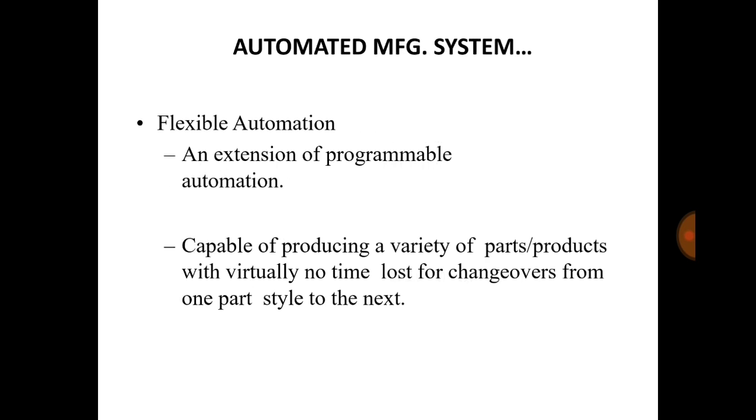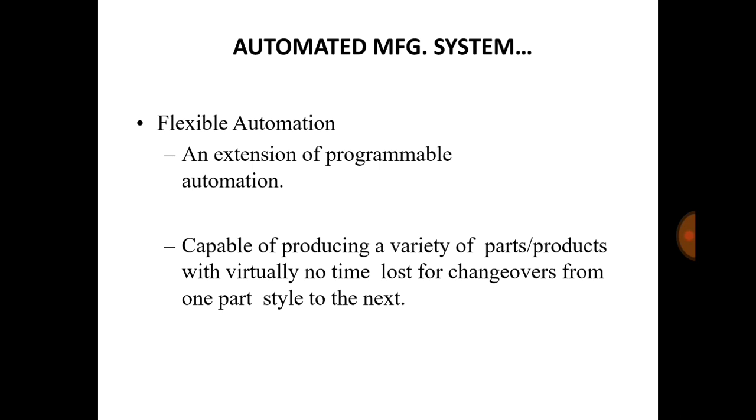Now we will discuss the last type of automation, that is flexible automation. Flexible automation is an extension of programmable automation. It is capable of producing a variety of parts or products with virtually no time lost for changeovers from one part style to the next.